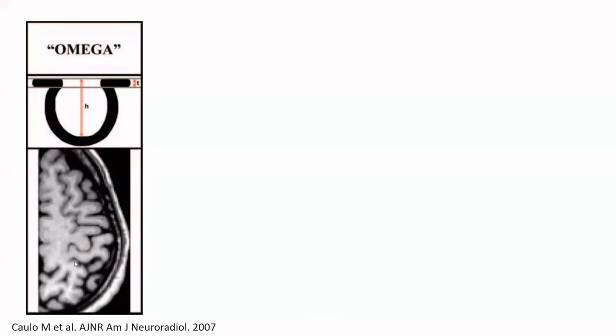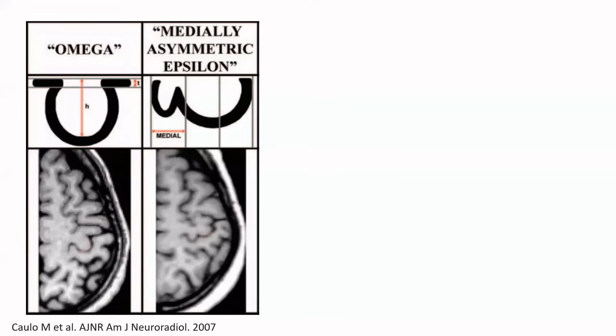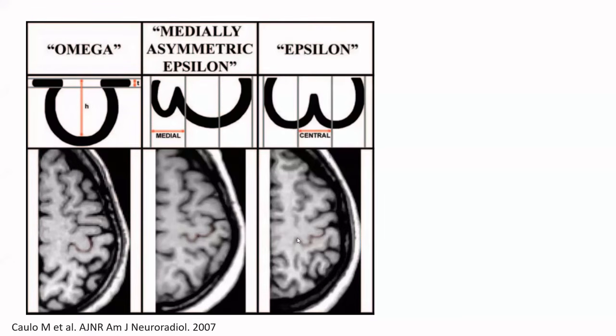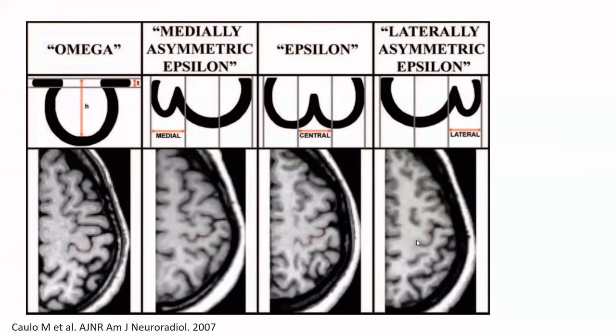Sometimes it looks like an epsilon, so then you have two knobs, and one side can be smaller, so it can be an asymmetrical epsilon. So here the medial knob is smaller than the lateral knob. Here we see a symmetrical epsilon. We see two knobs of the same size. And here we see once again an asymmetrical epsilon with a smaller lateral knob.